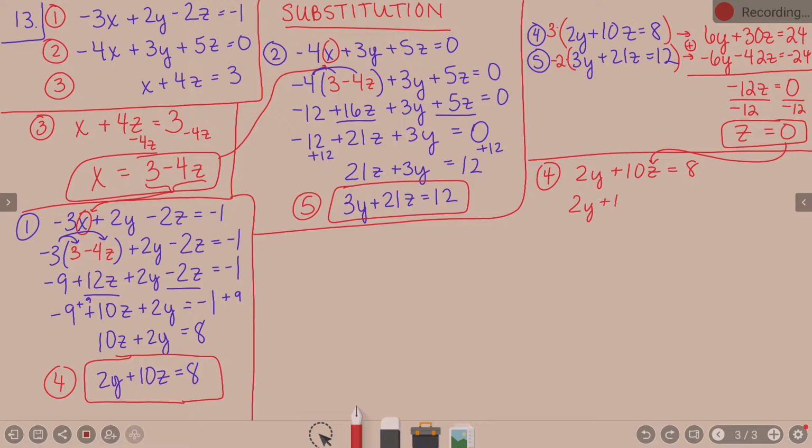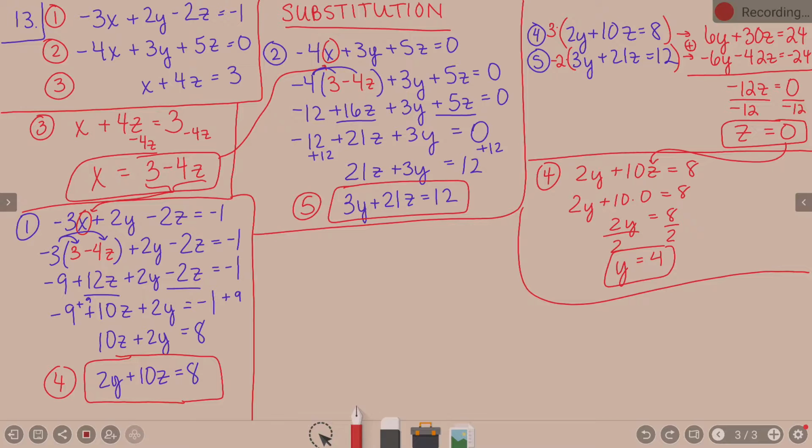So 2y plus 10 times 0 equals 8. 10 times 0 is 0. 2y equals 8, divide by 2, and y is 4. That wasn't horrible. I got z and I got y.